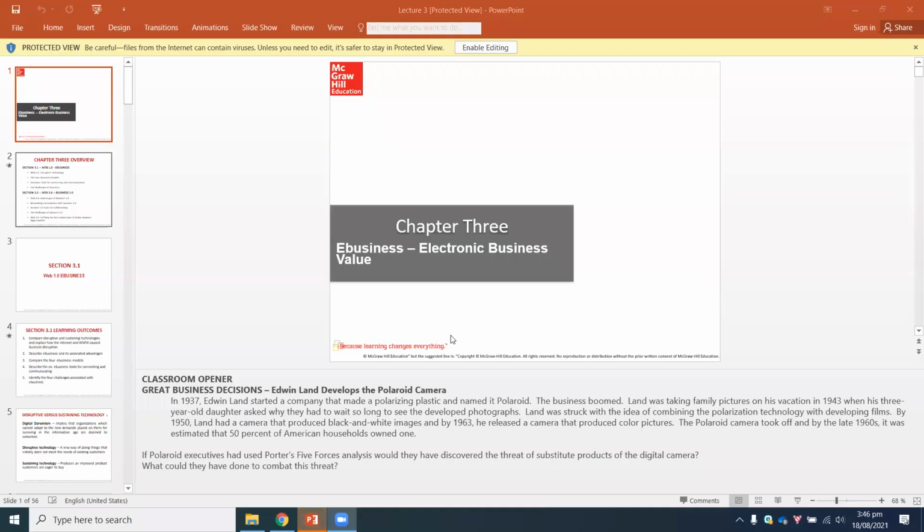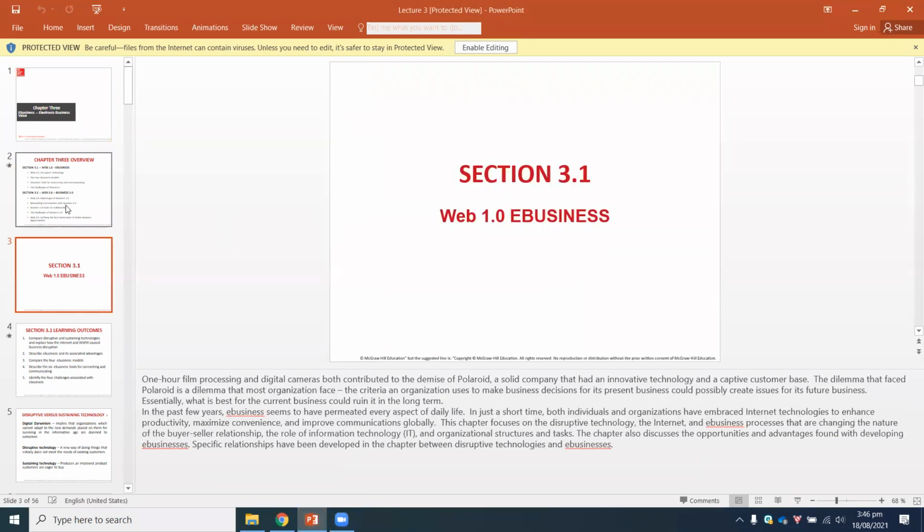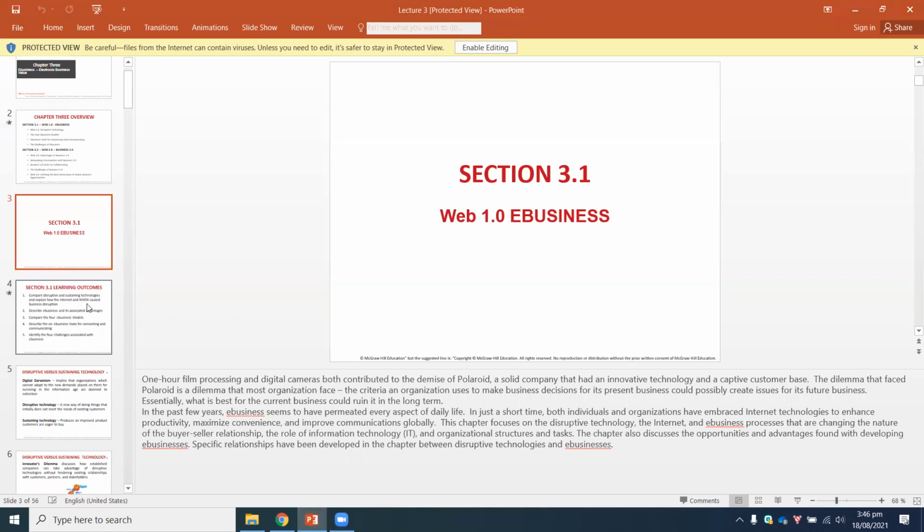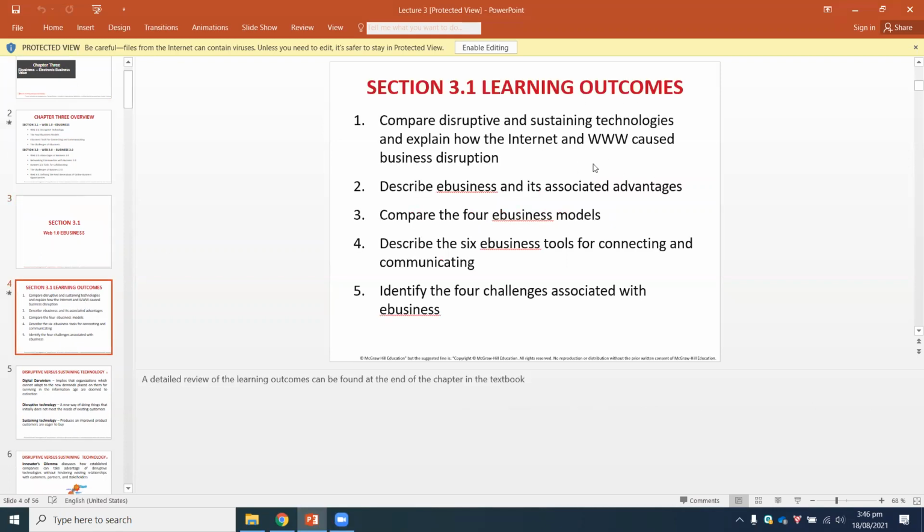And that finishes up our lecture notes for lecture 3, week 4. Any questions, any queries, anyone? Now, before you ask the question, overall, we looked at a few things. We looked at Web 1.0, Web 2.0, Web 3.0. Now, in Web 1.0, you should know what disruptive and sustaining technologies are.